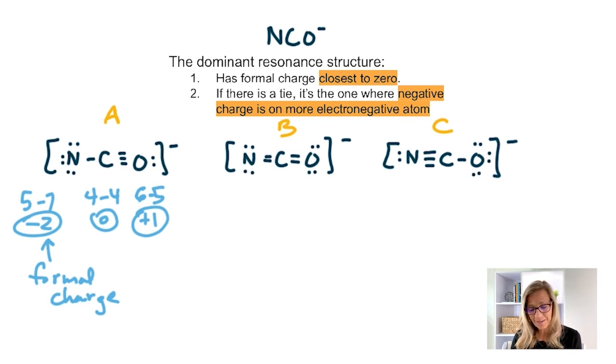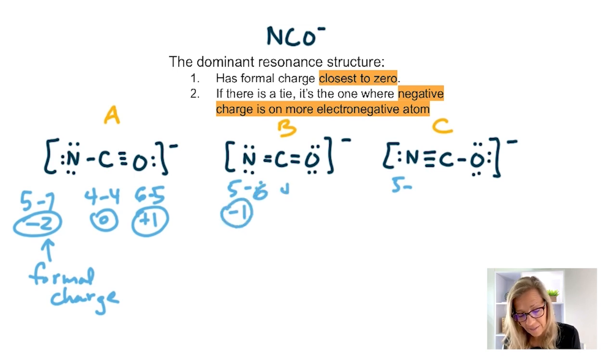So here we go. I'm just going to do the 5 valence minus, let's see, we've got 4, 5, 6. So that is -1. 4 minus 4 is 0. 6 minus 6 is 0.